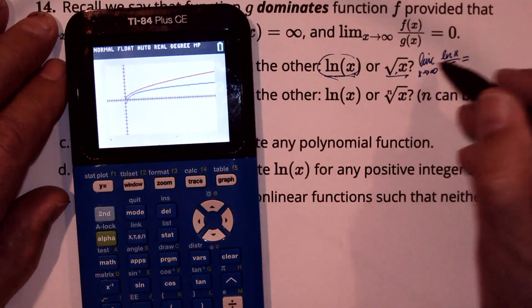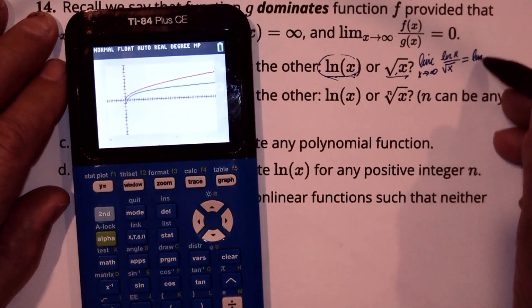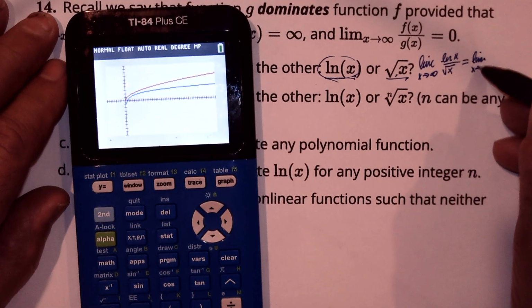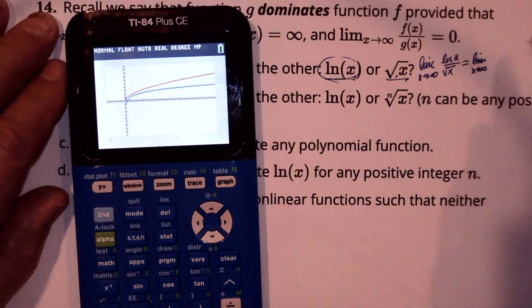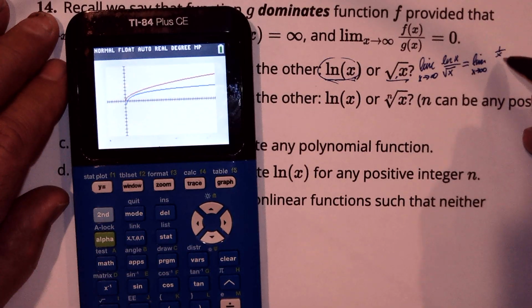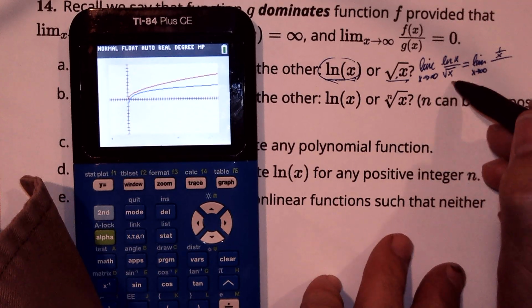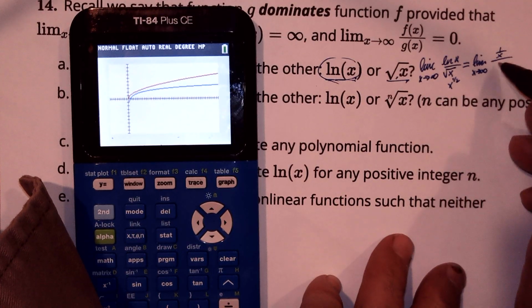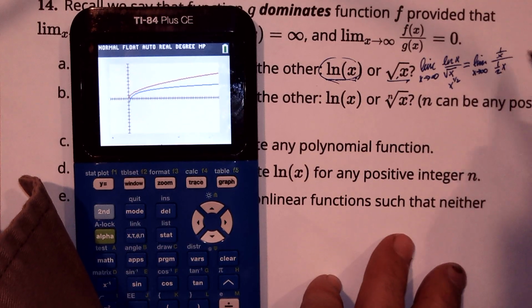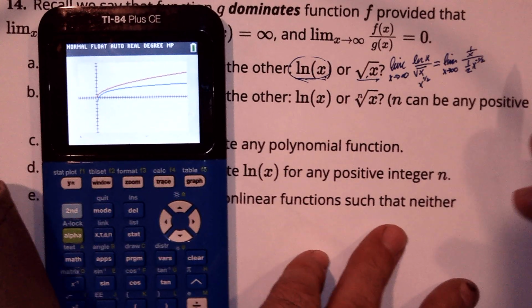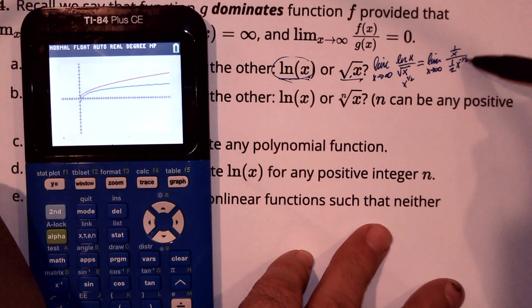So I can take the derivative of the numerator, take the limit as x goes to infinity, after I take the derivative of the numerator, which is 1 over x, and the derivative of the square root of x, that's x to the 1/2. Its derivative is 1/2 x to the minus 1/2. So that would put the x to the 1/2 in the numerator, and this x would go to the denominator. This 2 would go to the numerator.